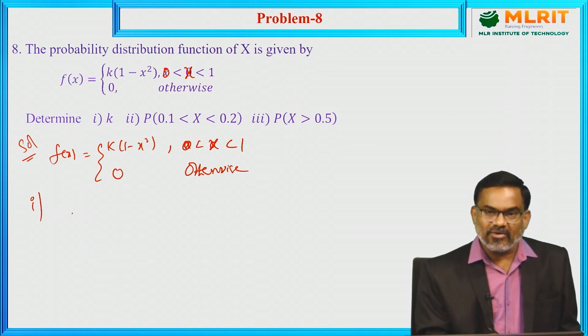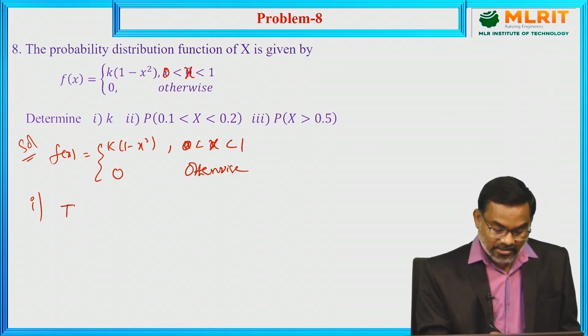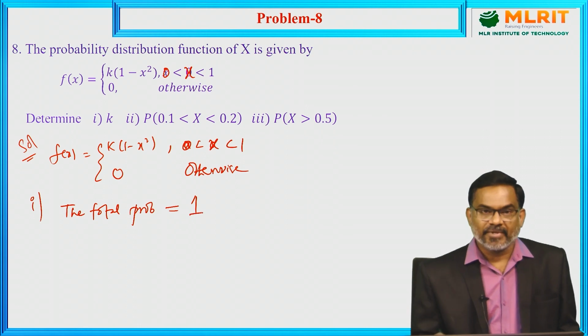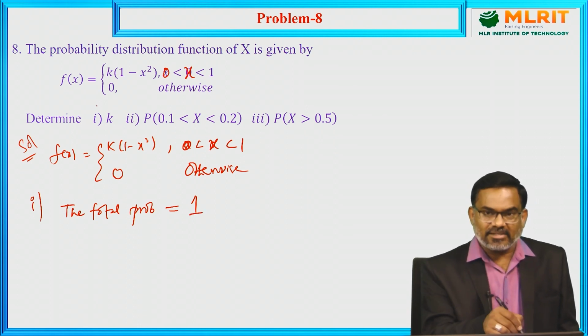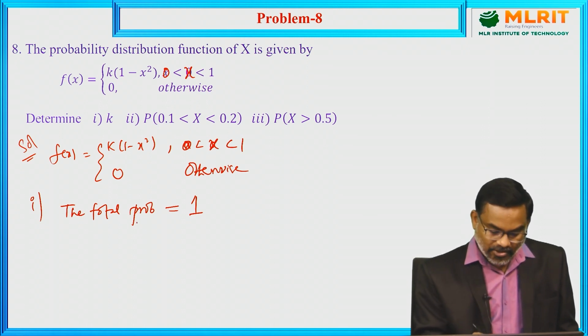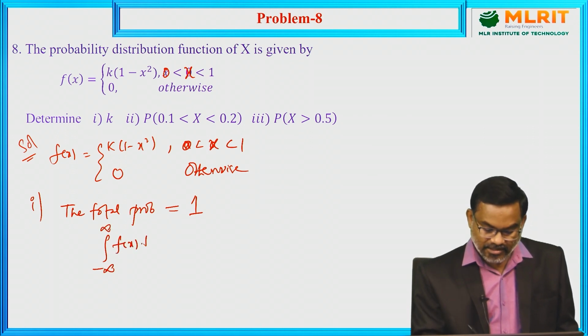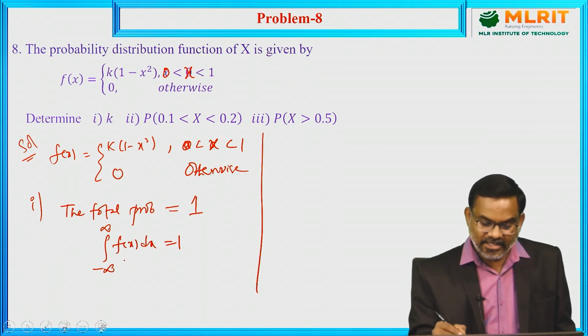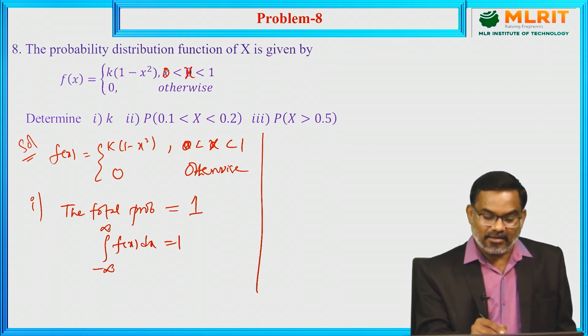To find the value of k, again we use the property that the total probability is always unity, equal to 1. Here x is the continuous random variable and the distribution is a continuous distribution. The total probability is denoted by the integral from minus infinity to plus infinity of f of x dx. This value must be equal to 1. But the function is defined between 0 and 1 only.